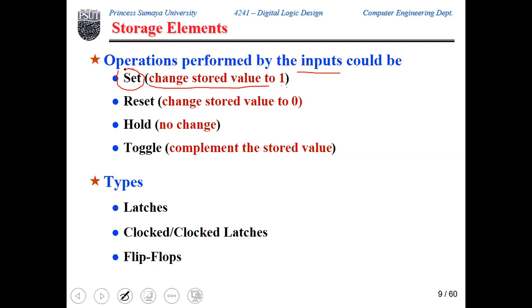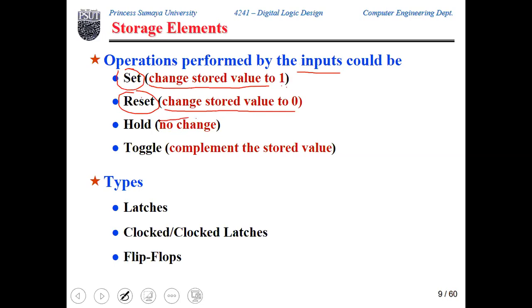So when I say set the value, it implies change it to 1. Another operation supported by the inputs is to change the stored value to 0, which we call a reset operation. So when I say reset the stored value, this implies change it to 0.